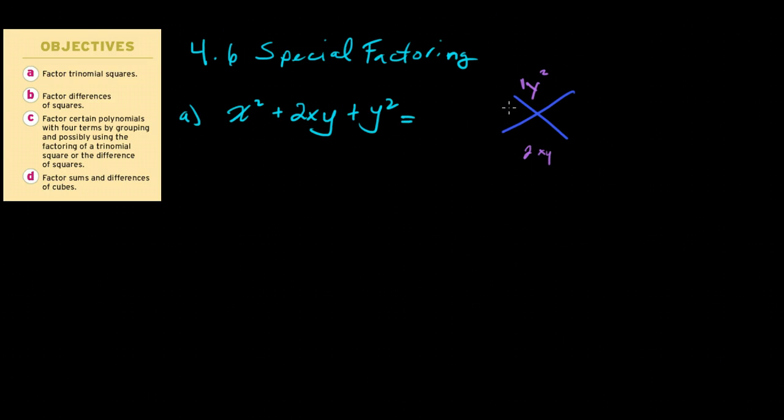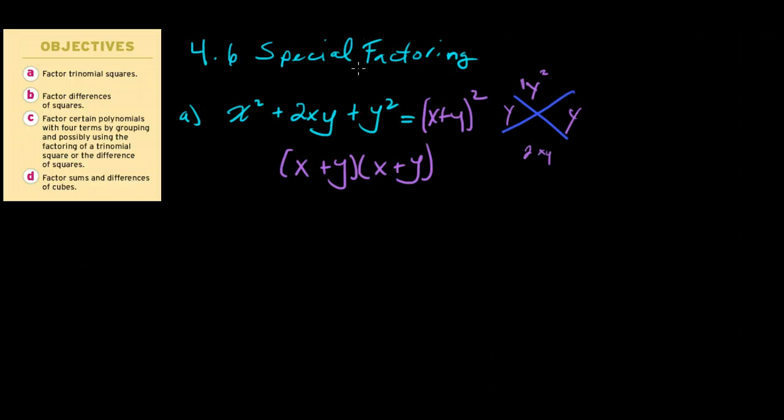And we know that there's 1y here and 1y there. So y times y is y squared, and that'll give me 2 y's. So when I factor this out, it'll be x plus y times x plus y, or simply x plus y quantity squared.